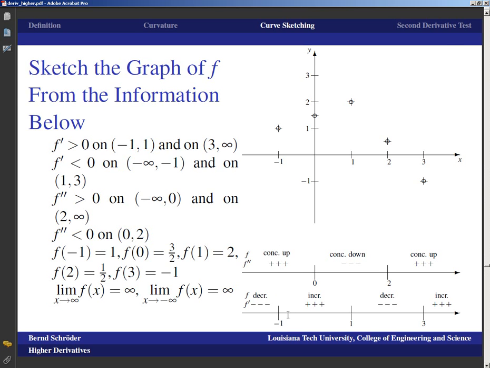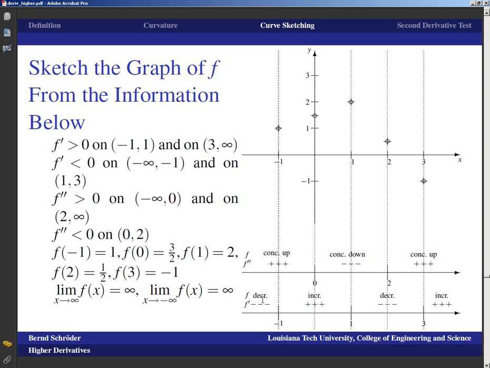Okay, now, because the growth behavior or the concavity changes at these 5 places here, basically our axis is cut up into 6 regions, cut up by these 5 places. So we just put 5 dotted lines up through the points where things are changing.